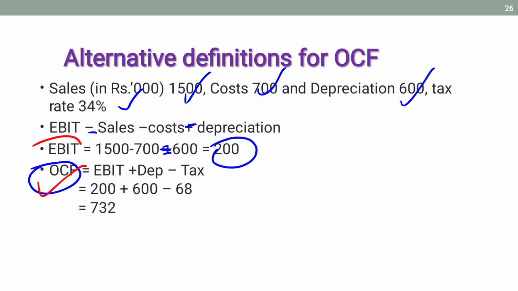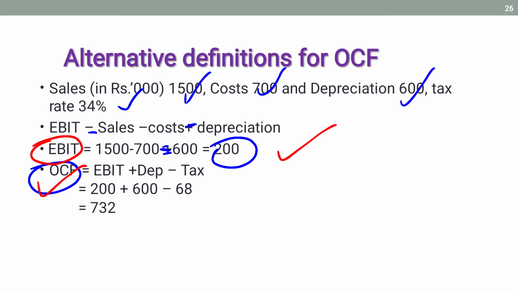You already found EBIT. In a normal way, when you are doing the income statement, this is the way you follow: you deduct cost from the sales, and again you deduct depreciation. You find earnings before interest and tax. This is the figure you have now.